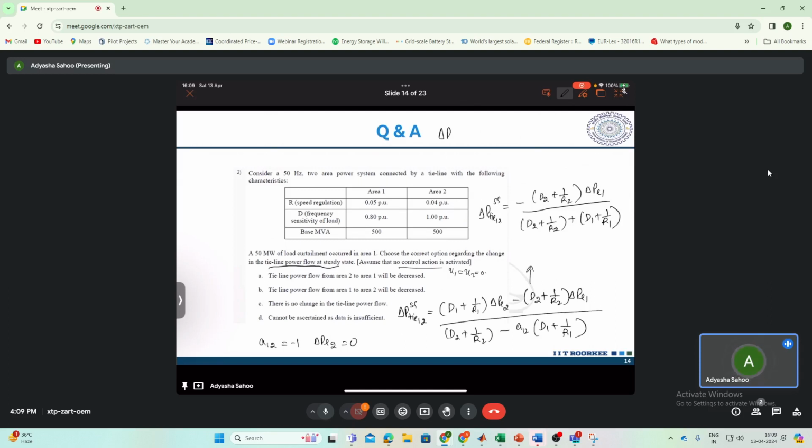Basically delta P tie 12 steady state is, so this is a positive quantity, minus D2 plus 1 by R2 is also a positive quantity. And what about delta PL1? It is negative here, right? Delta PL1 is minus 50. So this will give that the whole will be positive.